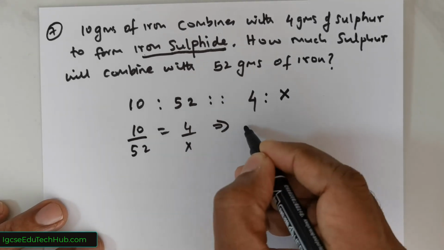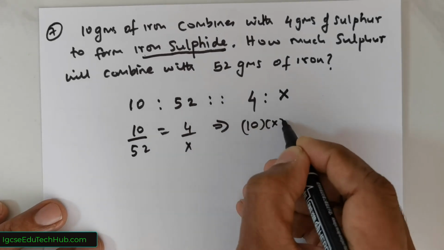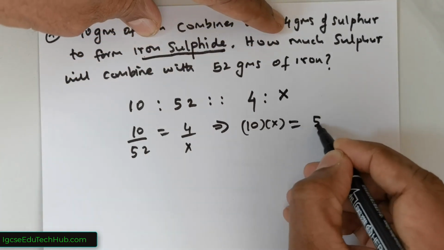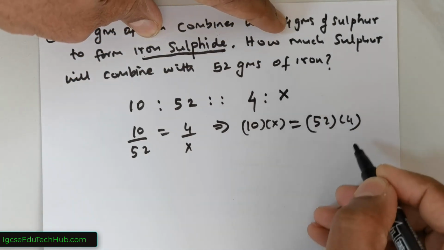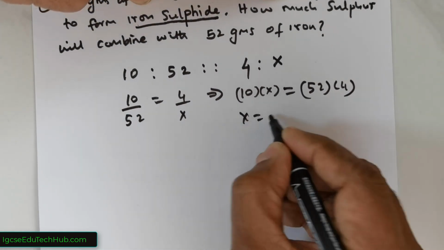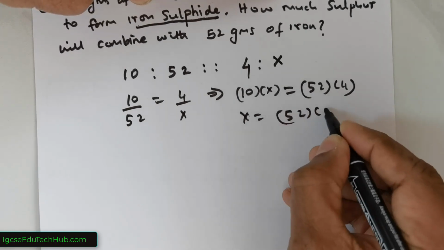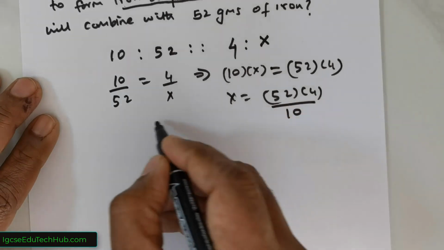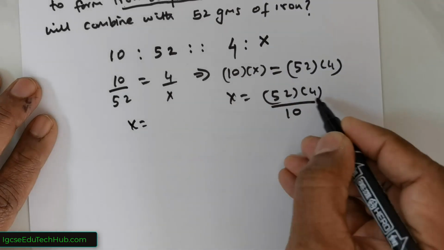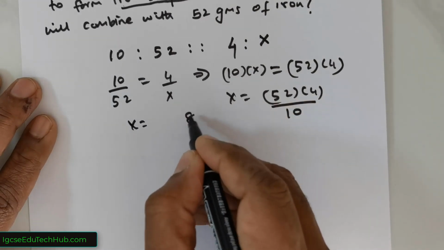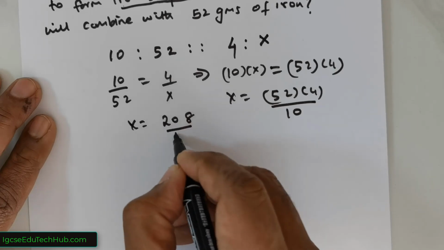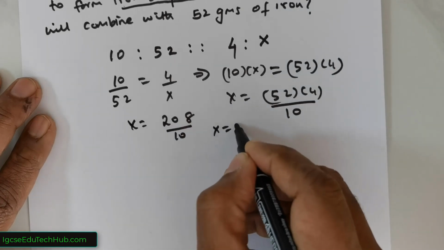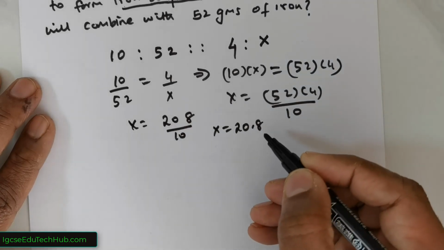You cross multiply, you get 10 multiplied with x is equal to 52 multiplied with 4. Therefore x is equal to 52 multiplied with 4 divided by 10. Now I can multiply 4 with 52. 4 twos are 8, 5 4s are 20, and you divide by 10, and this is going to give me 20.8.